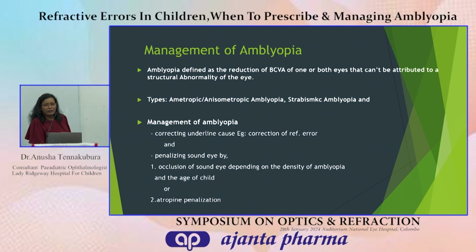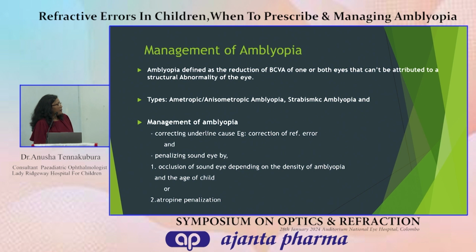I don't know whether anybody has done amblyopia, because I am here talking about only the management of ametropic and anisometropic amblyopia. But amblyopia, you know, by definition is a reduction of best corrected visual acuity in one eye or both eyes, with a two-line difference and no attributable structural abnormality, right? Then there are types like ametropic or anisometropic amblyopia, which are related to uncorrected refractive errors.